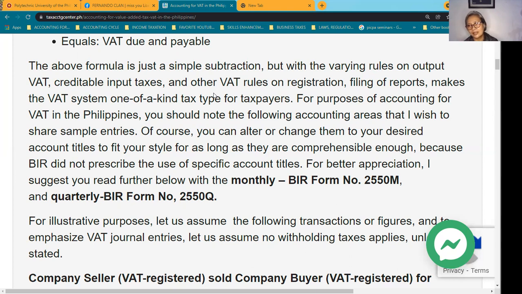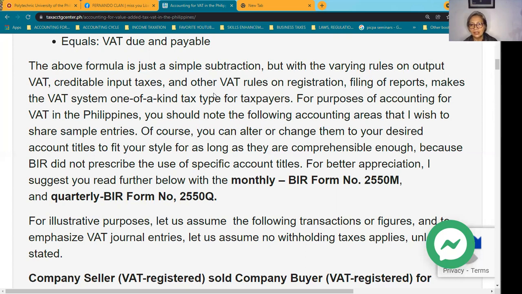Ulit, nagbenta ka, debit cash or accounts receivable, credit sales, credit output VAT. Bumili ka, debit asset, purchases, or expenses, debit input VAT, and credit cash or accounts receivable. So, yun yung entrada mo sa pagbenta at sa pagbili.